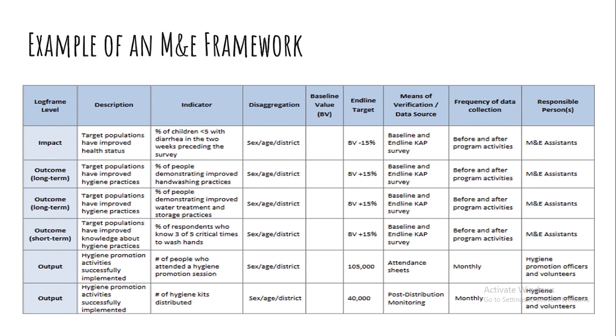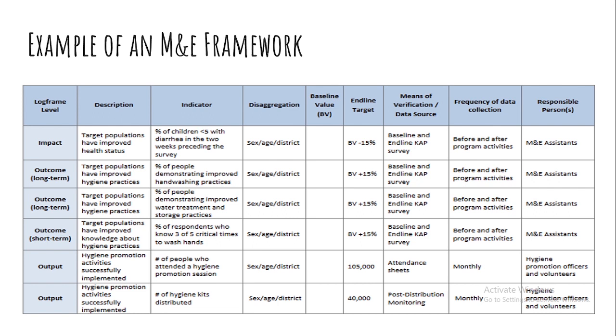And then what is the indicator of the impact you've defined? What will show that the target populations have improved health status is the percentage of children less than 5 with diarrhea in 2 weeks preceding the survey. And this data is disaggregated by age, sex, and districts.